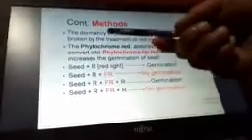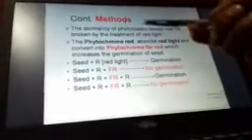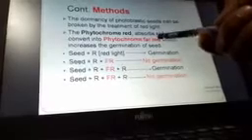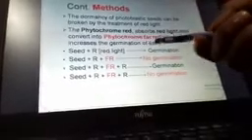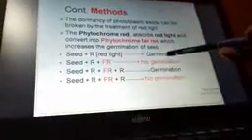Continuing, the dormancy of photoblastic seeds can be broken by treatment with red light. The phytochrome red absorbs the red light and converts into phytochrome far-red, which increases the germination of the seed. Here you can see the several combinations which affect the germination of seeds. When the seed is treated with red light, it germinates.